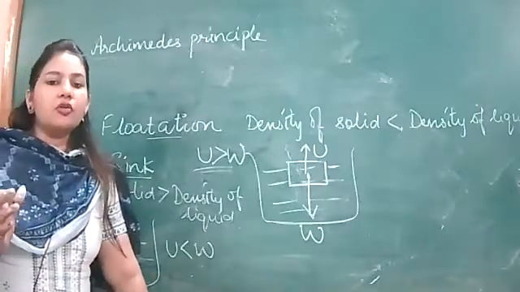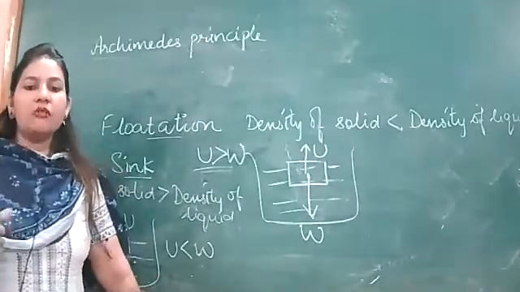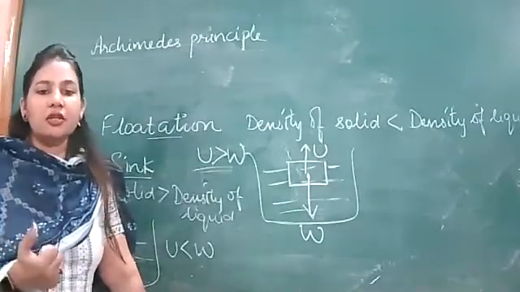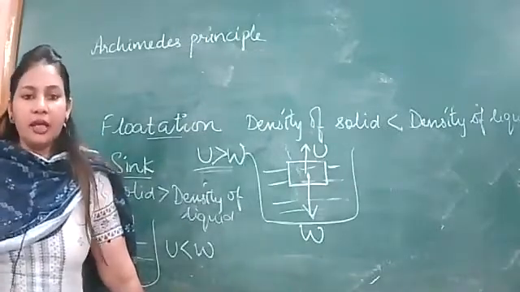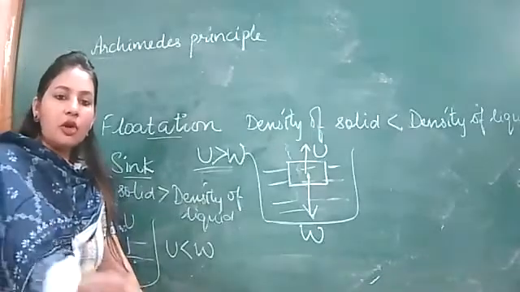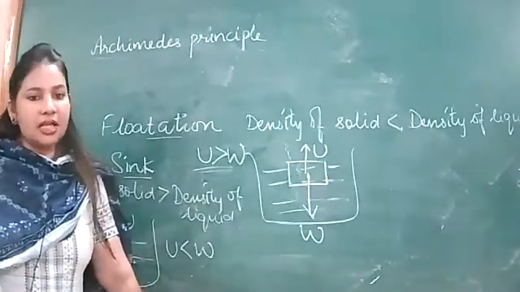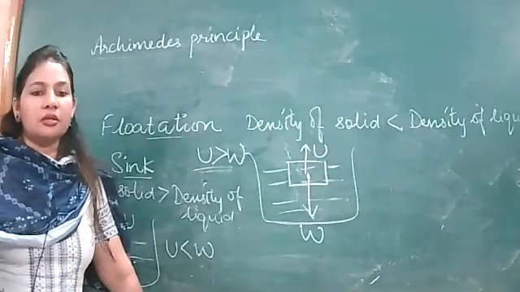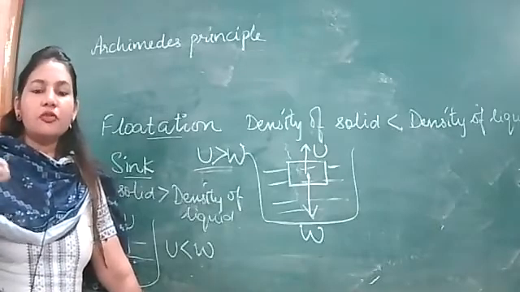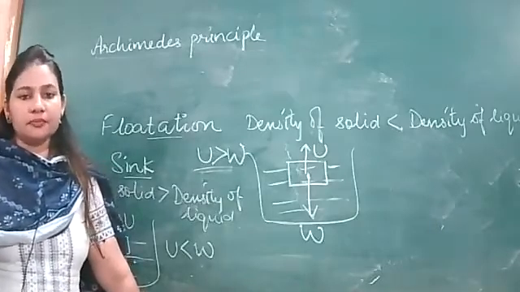For example, when you go for swimming, when you are inside water, you feel as if you have lost some weight. In the air, you weigh more, but in water, you will feel that your weight is less. This loss in weight appears in the form of upthrust. Okay, that keeps you floating in the water.